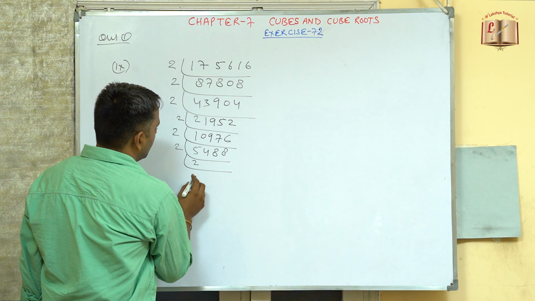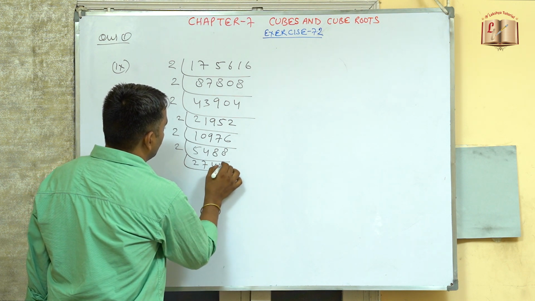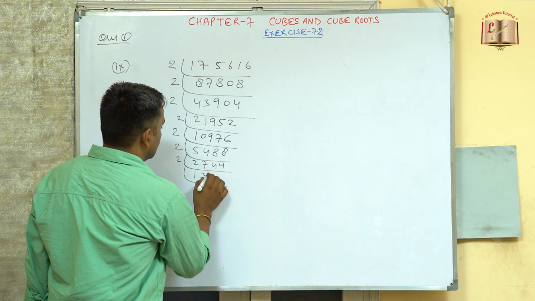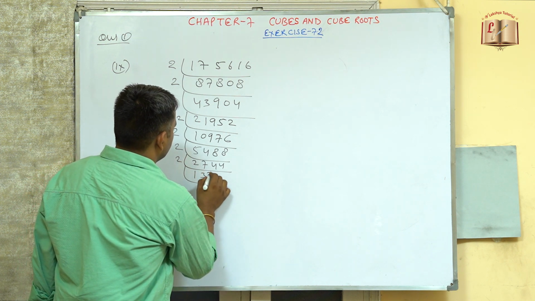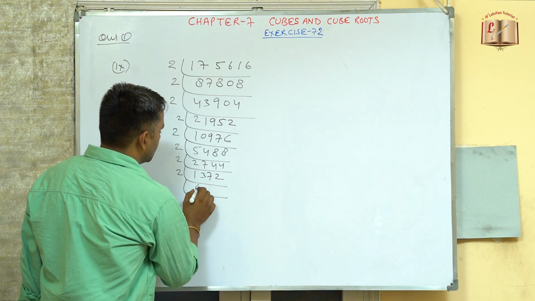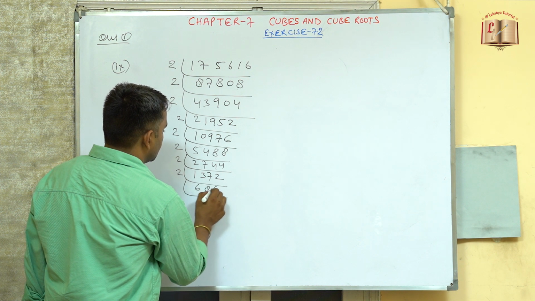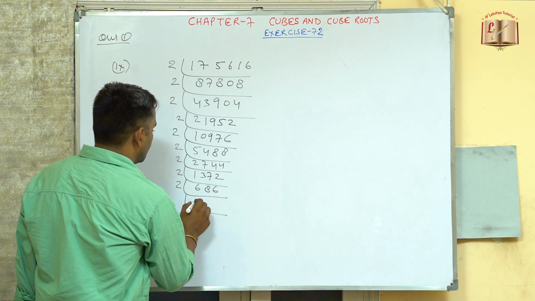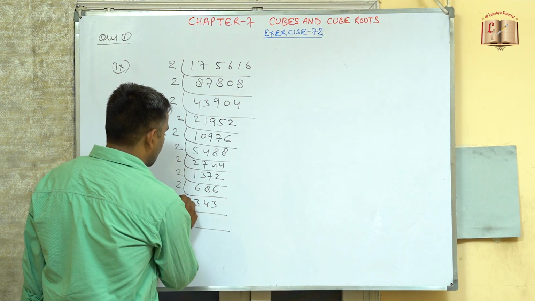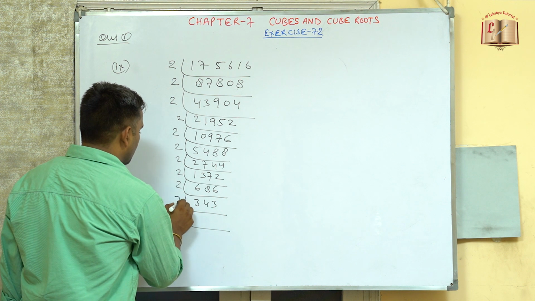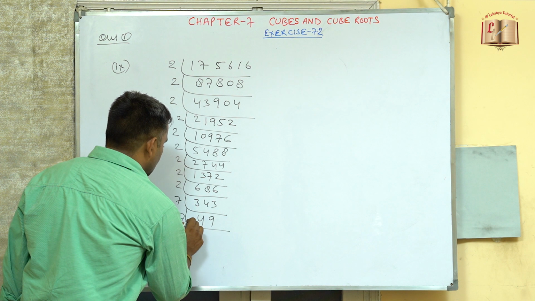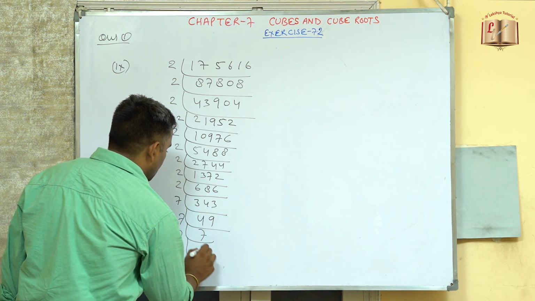Again dividing by 2: 2744, then 1372, then 686, then 343. Then it will go by 7 only. 7 times 49, then 7 times 7, then 7 times 1.